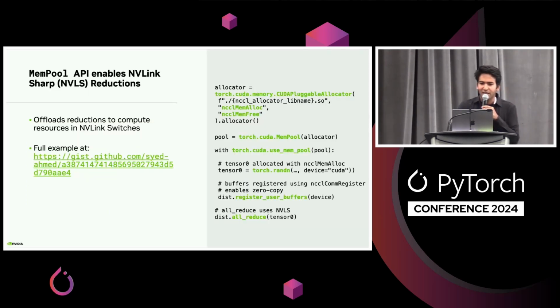So a second use case I want to elaborate on is the NVLS reduction. So these are NVLink SHARP reductions. So we allocate memory similarly using a custom allocator. We also allocate the reduction buffer using this custom allocator. There's only one extra thing we do here, which is registering this memory through NCCL so that we can save on a copy. Also, it's known as zero copy.